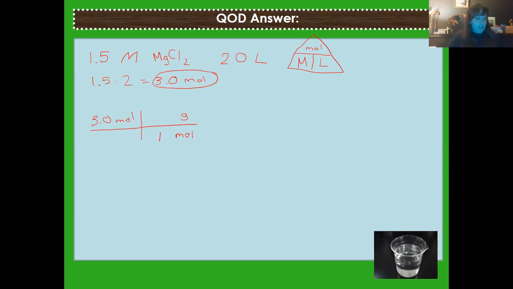And if you just take a look at any periodic table, the mass for magnesium is 24.3. And chlorine is 35.5. But there's 2 of them.